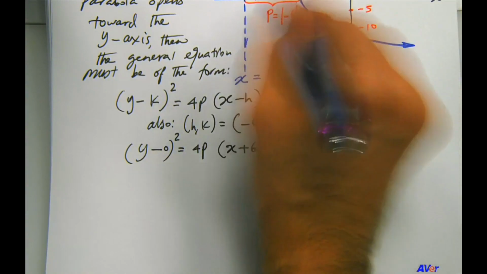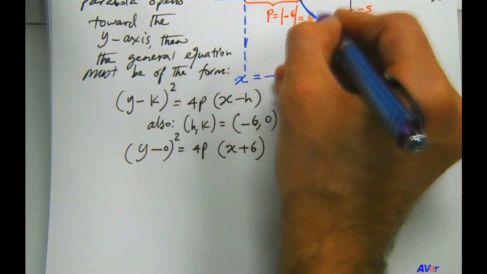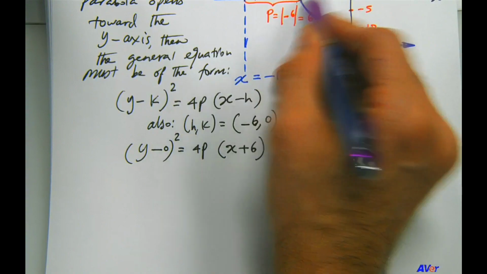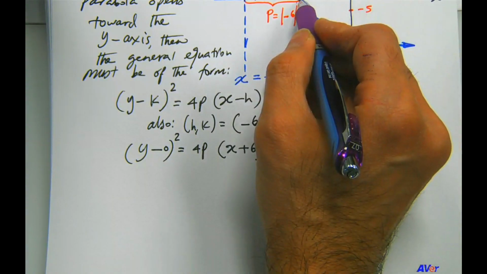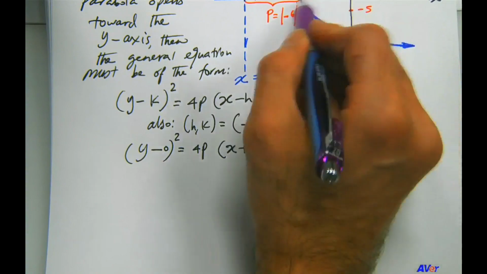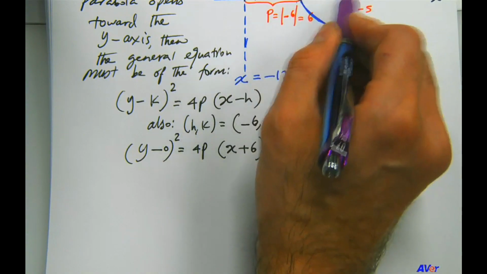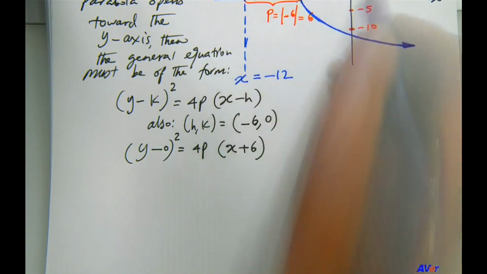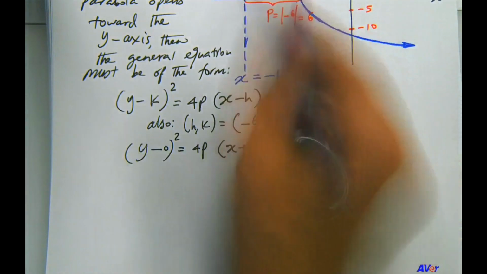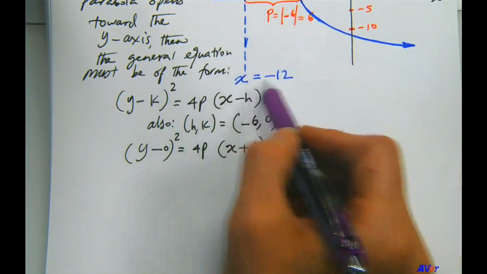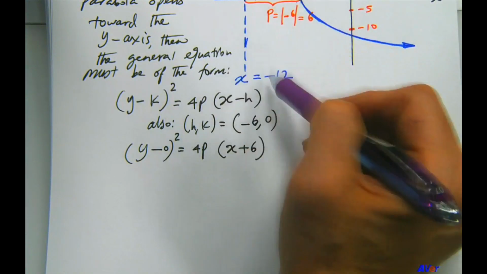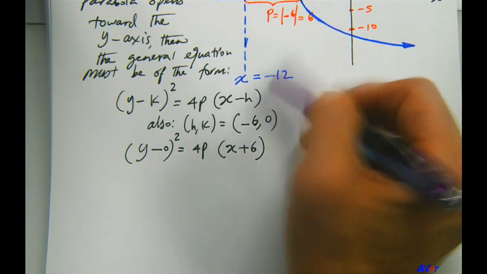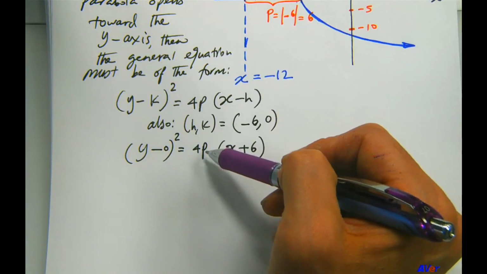So the focal point should be 6 points to the right of this vertex, which would be at the origin. But the importance of the directrix is that it tells us what P is. P itself is positive 6.